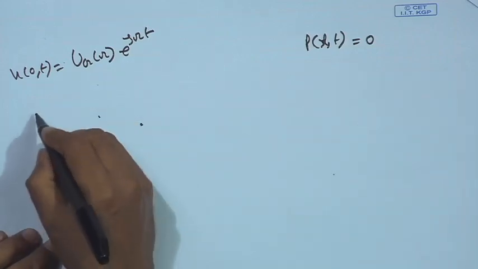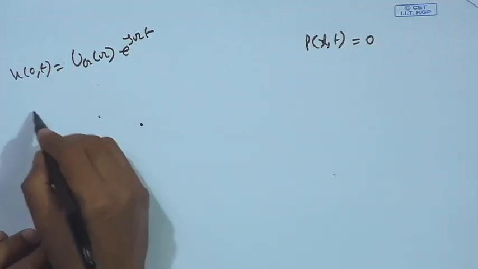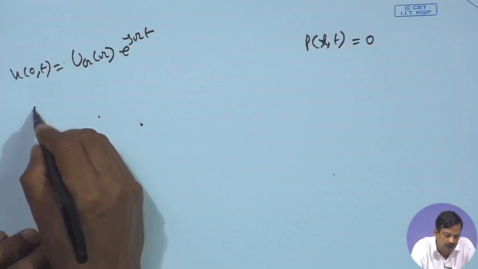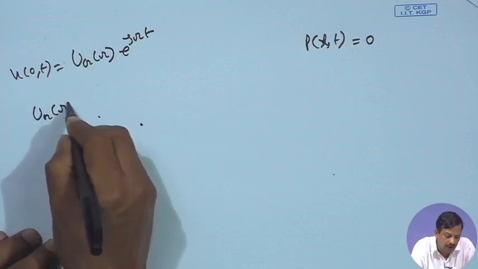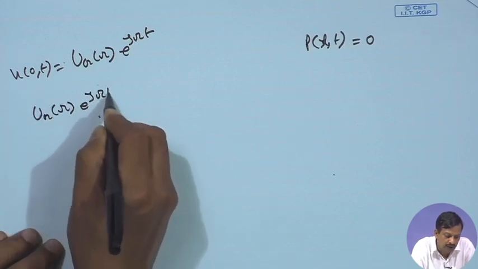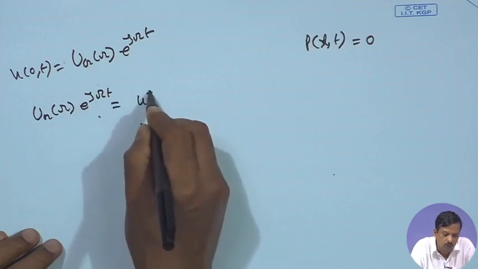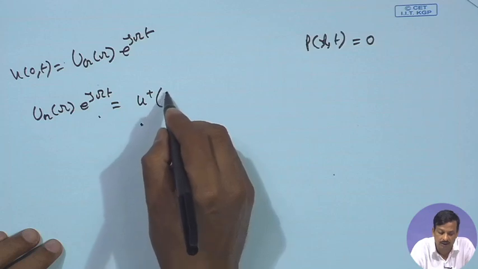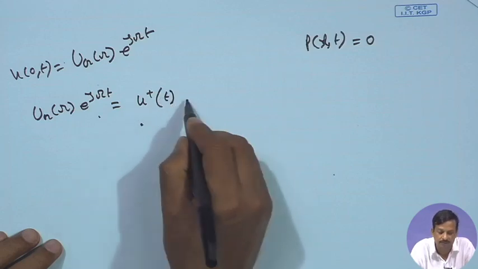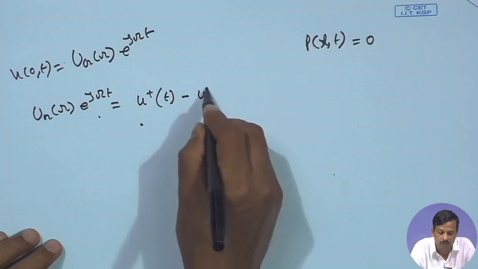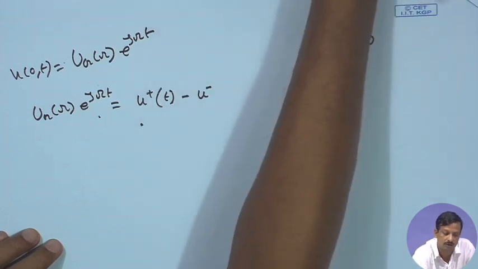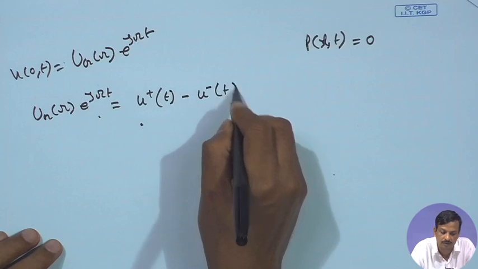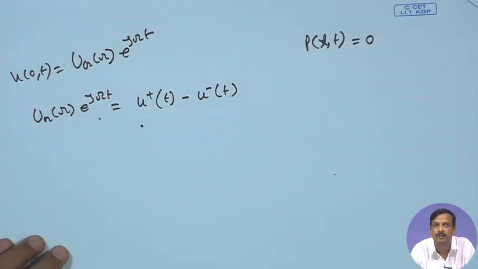So what is u(0,t)? u(0,t) is U_g(omega) e to the power j omega t, equal to u plus (t) minus u minus (t) at x equal to 0.